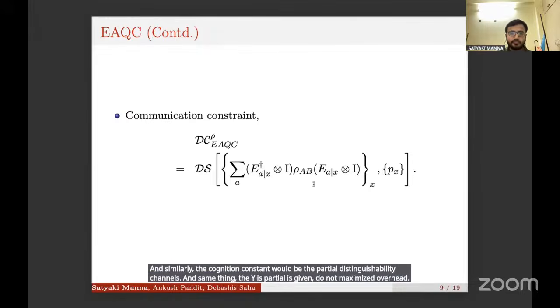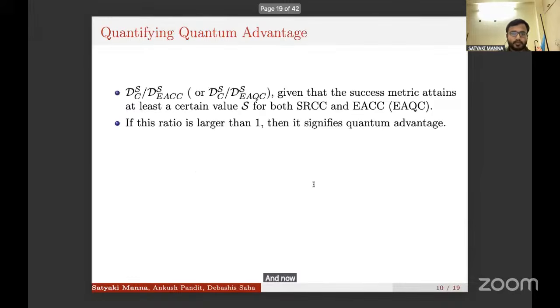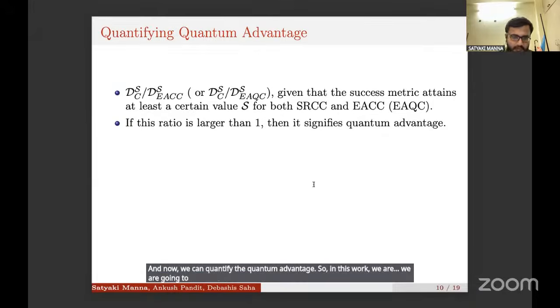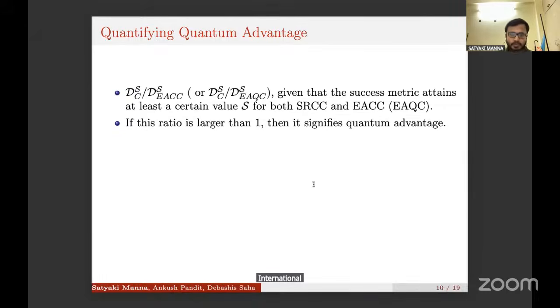And now we can quantify the quantum advantage. So in this work, we are going to show the advantage of the entanglement assisted protocol over classical communication supplemented with shared randomness. And entanglement assisted protocol means both classical communication and quantum communication.